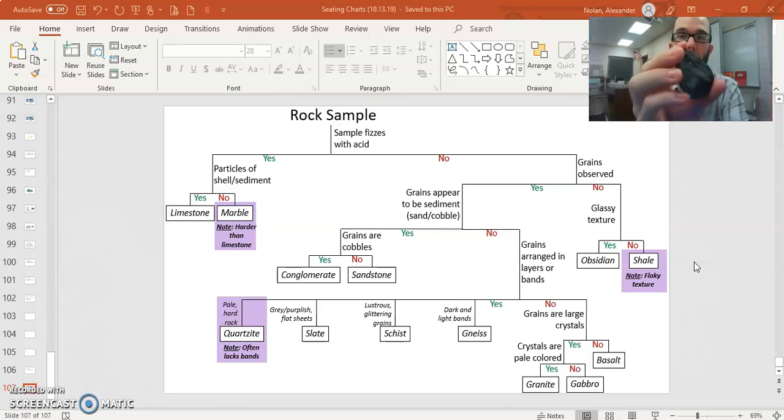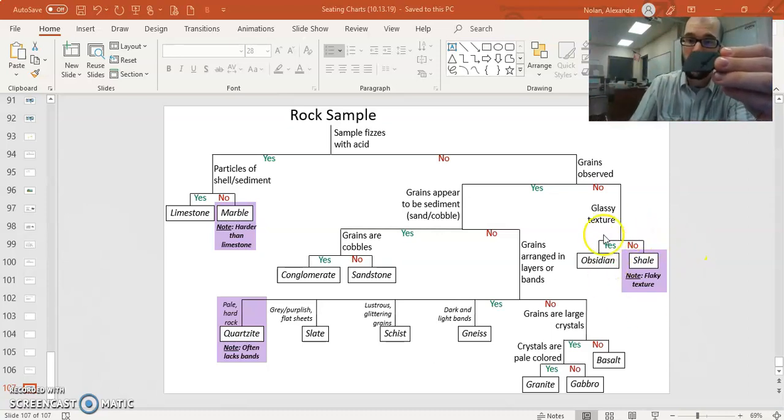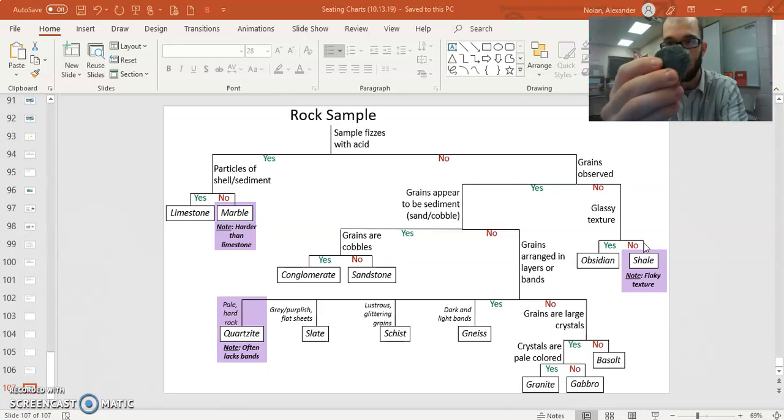There's no way you'd be able to just break off chunks of basalt with your fingers unless it was actually rotten rock, if it broke apart, which does happen. You can run into kind of rotted, crunched up rocks that are friable. You can break them with your fingers. But we would call this shale because it's not glassy like obsidian. It's also flat. It comes in sort of these little flakes, so this is shale, not basalt. It forms in these little flat pieces.